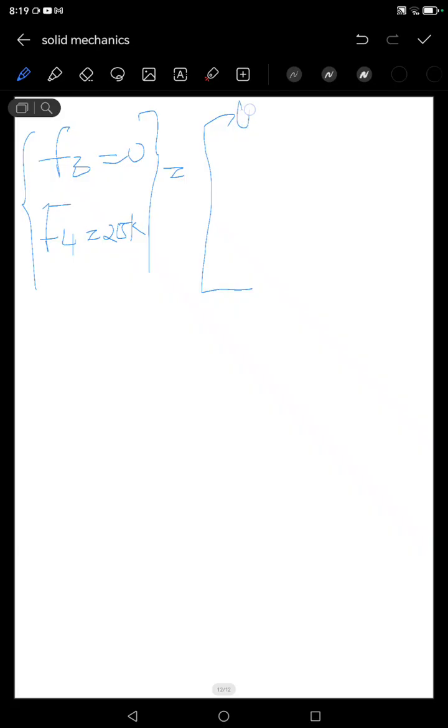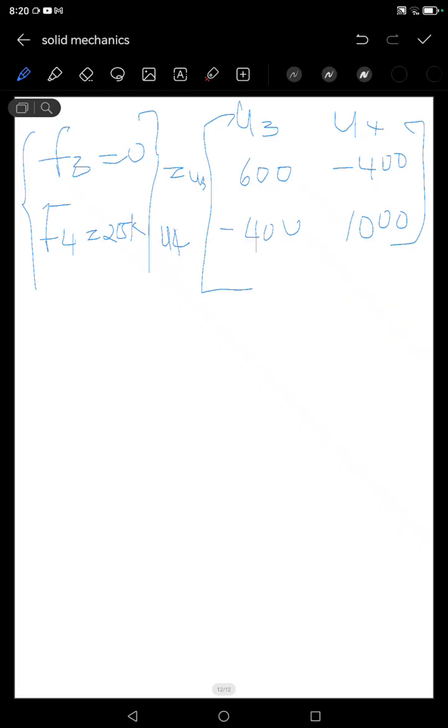So we're left with U3 and U4, because U1 and U2 are 0. Under U3 and U4, we are left with 600, minus 400, and then minus 400 and 1000 here. Remember it's U3, U4.